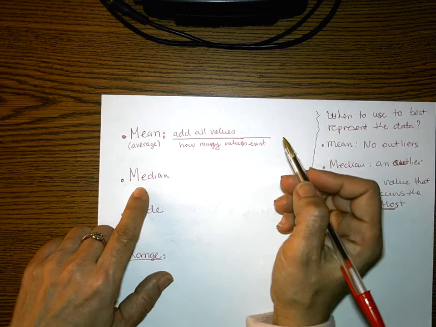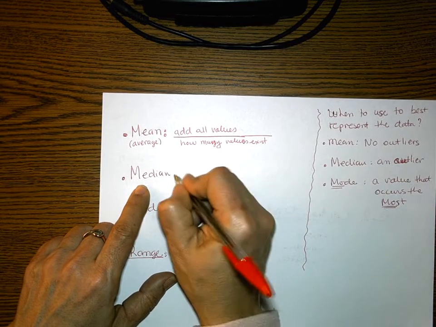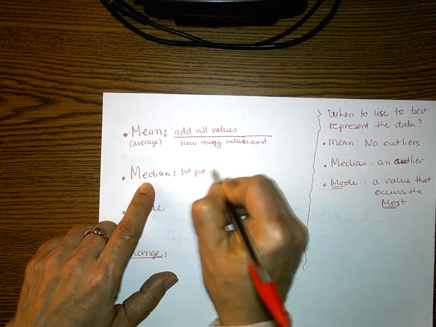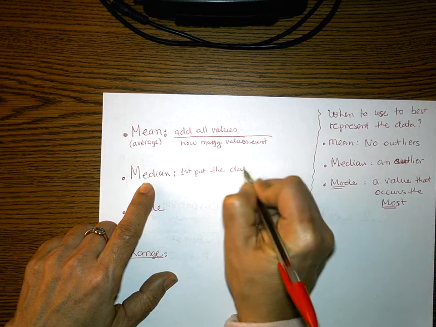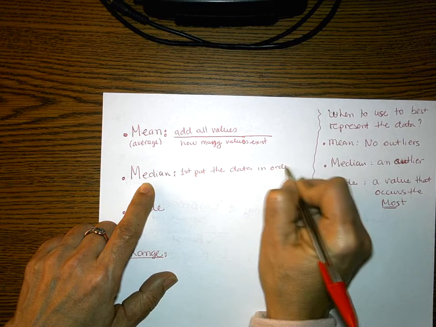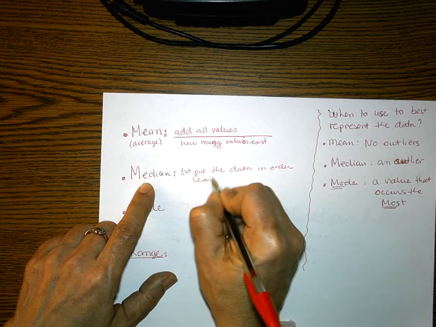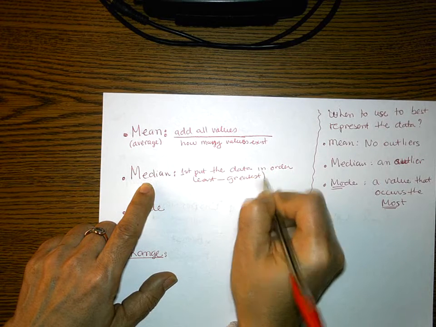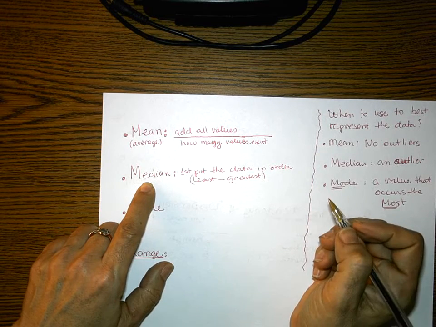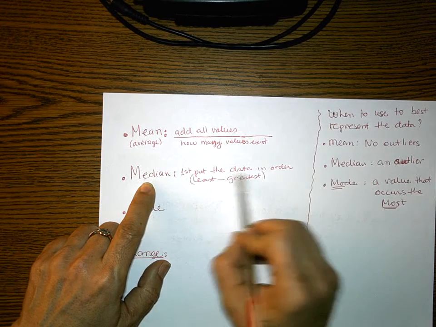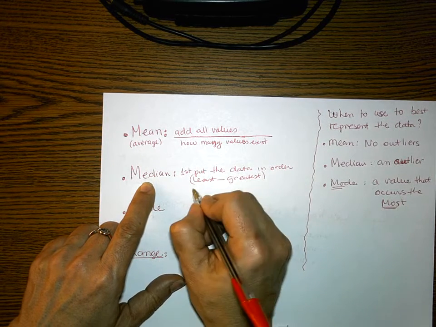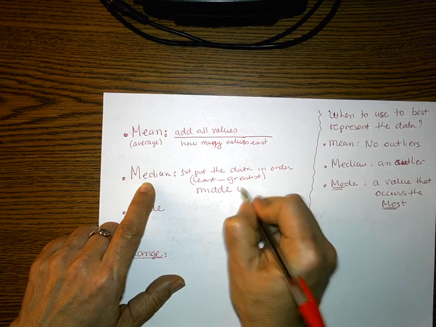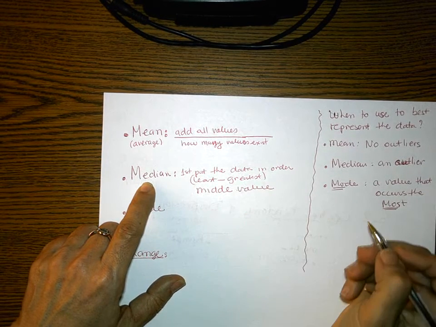And then we talk about the median. For the median, you must first put the data in order from least to greatest. That's the first thing I have to do. And once I put the data in order from least to greatest, I can find the middle. That is the middle value, and that's what we're looking for.